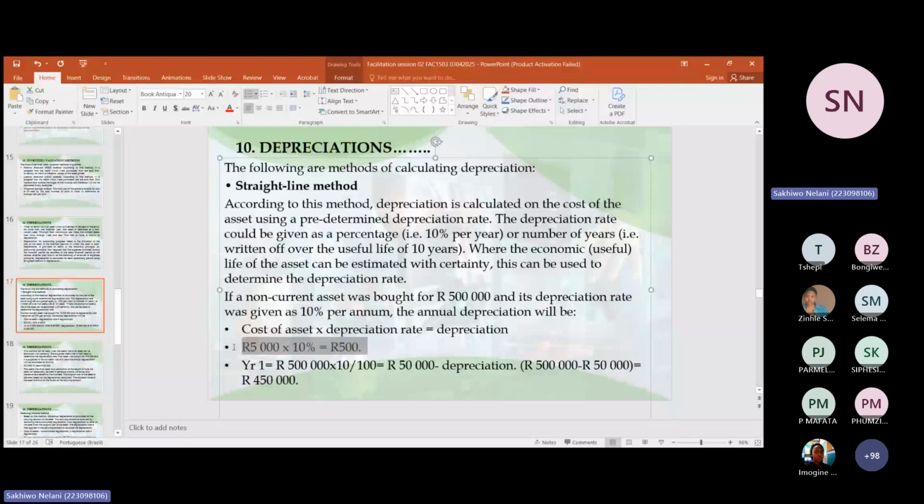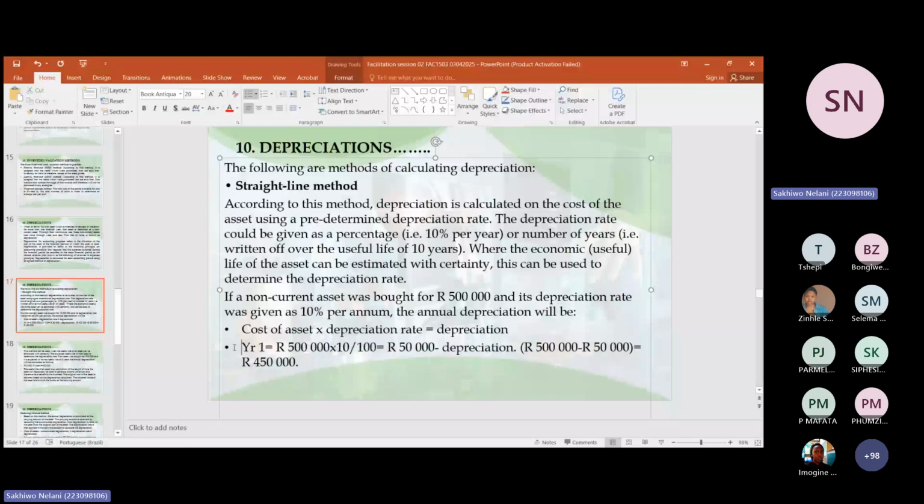Do you understand? The formula is the cost of the asset multiplied by the depreciation rate. Do you follow this process? If we are required to calculate depreciation, we will be able to do that, Johannes.